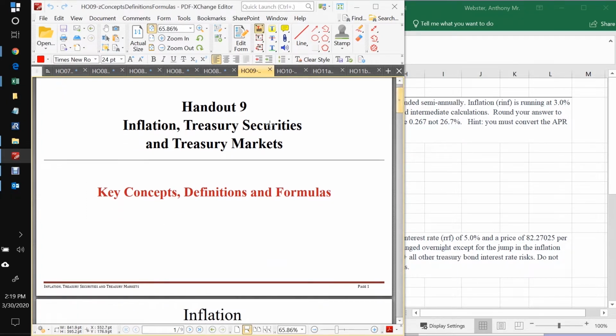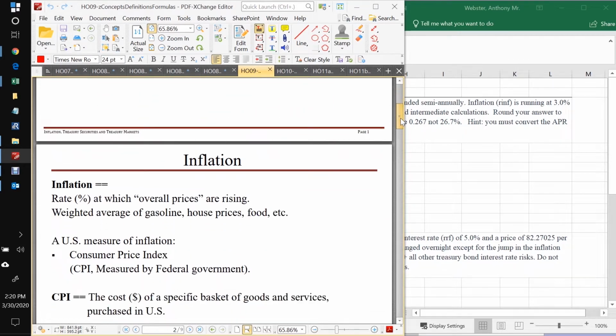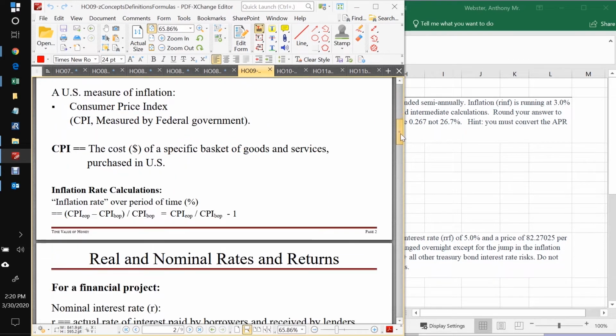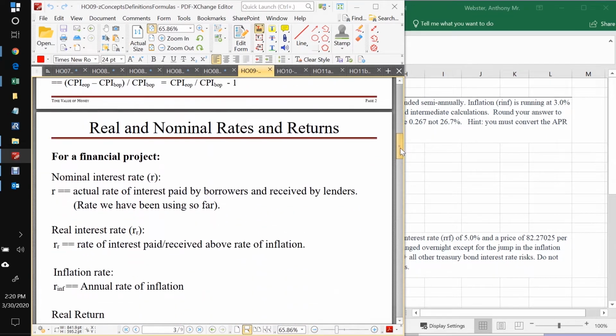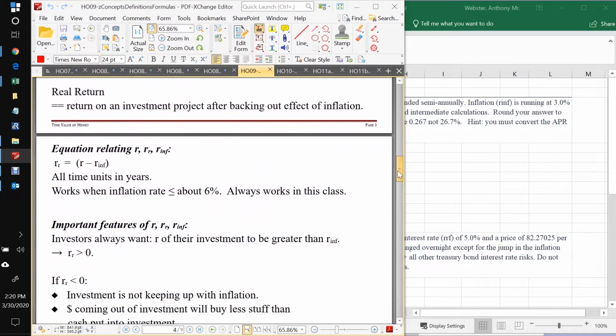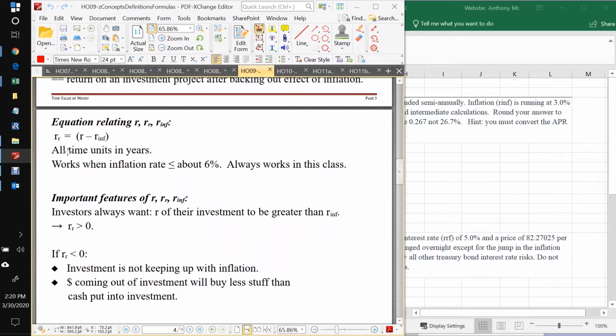Okay, so basically what we're talking about here is inflation, treasury securities, treasury markets, and we have our definitions of inflation and things like that. And I am jumping ahead here on purpose because one thing you should definitely know in this chapter is the relationship between nominal interest rates here.